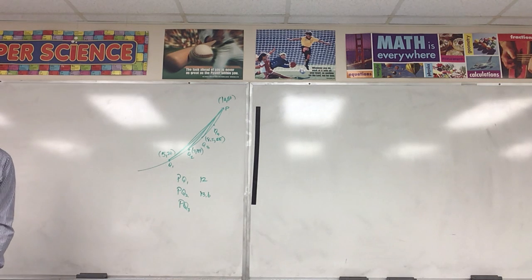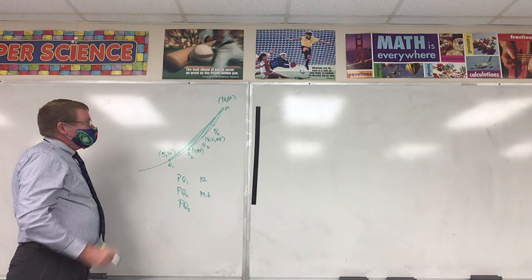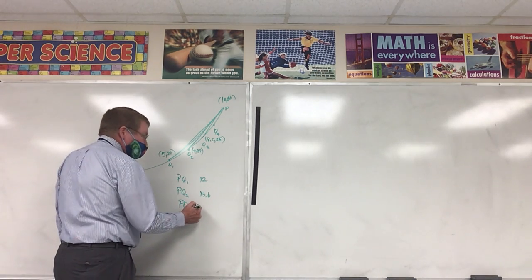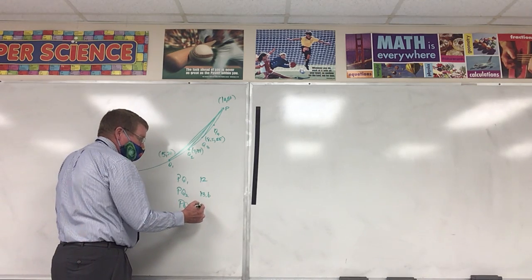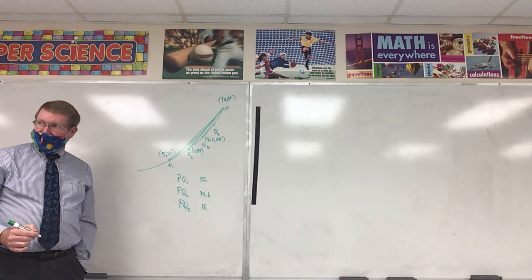All right, what's the slope there? Oh wait, I did that wrong. It's 25 over 1.5. 25 divided by 1.5 is 16.7.